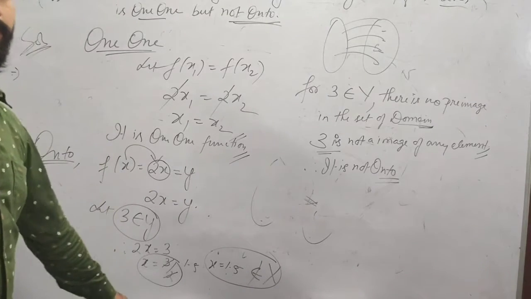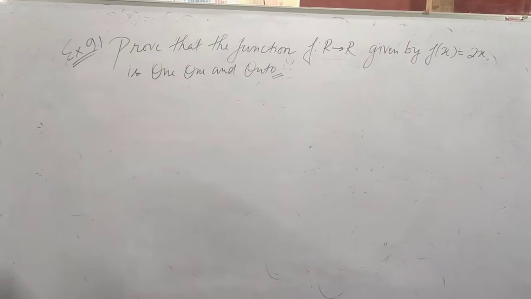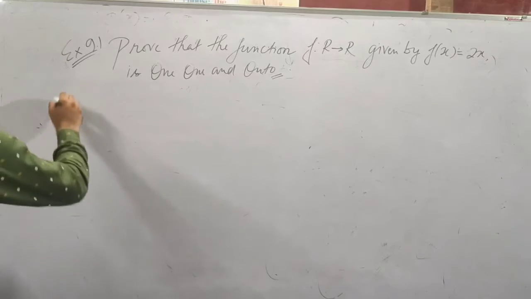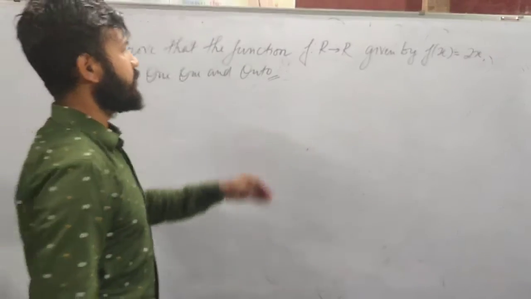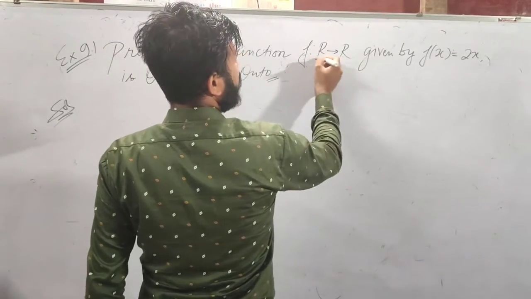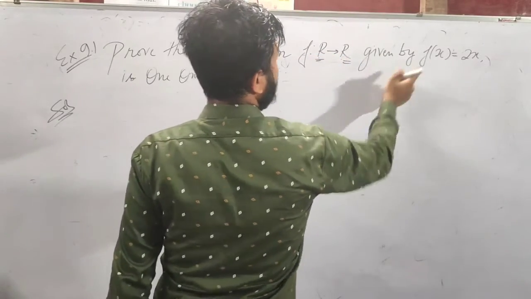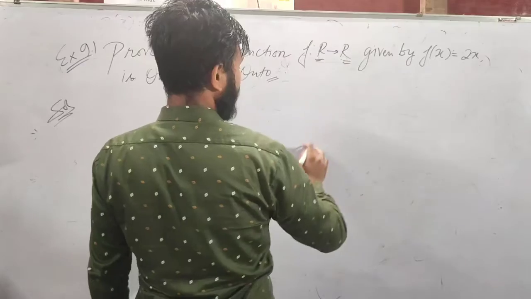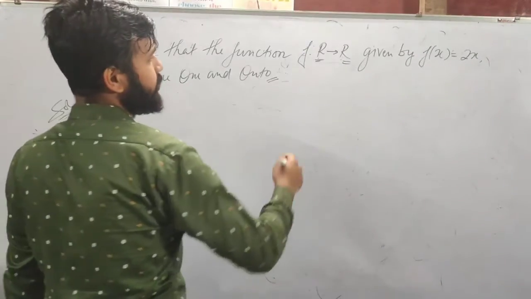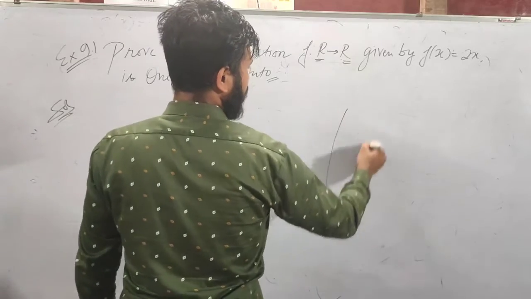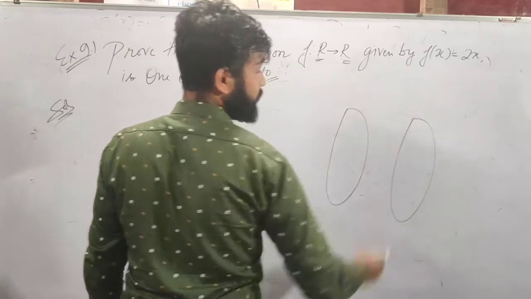So here goes another question. Nice question. It says, prove that a function from R to R, domain to codomain, and the function is given. So what is the domain here? Now this is a slightly changed question from the earlier question. In the earlier question, the domain was the natural numbers, and the codomain was also the natural numbers. There was a limitation.